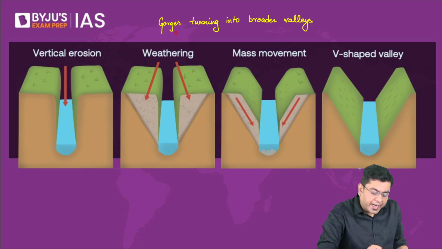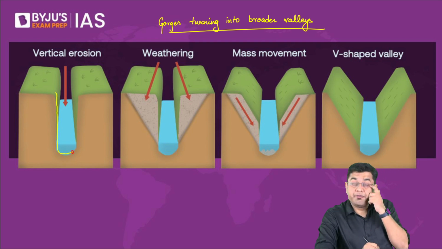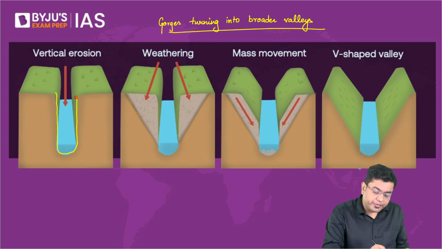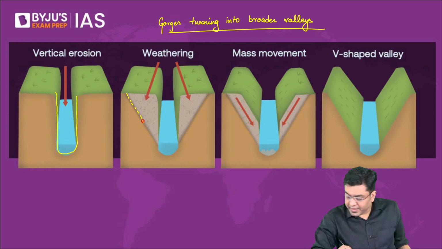Initially, when you have a kind of a gorge-like structure, or what is also sometimes referred to as an I-shaped valley, it is very, very narrow. Now, over a period of many hundreds and thousands of years, there will be significant amount of weathering of the rocks here. So the side portion basically gets weathered.